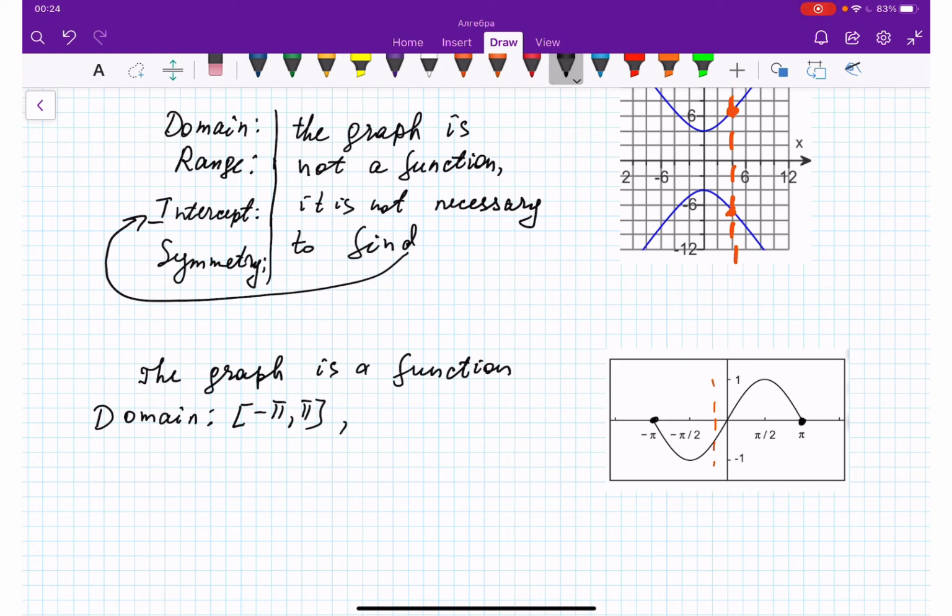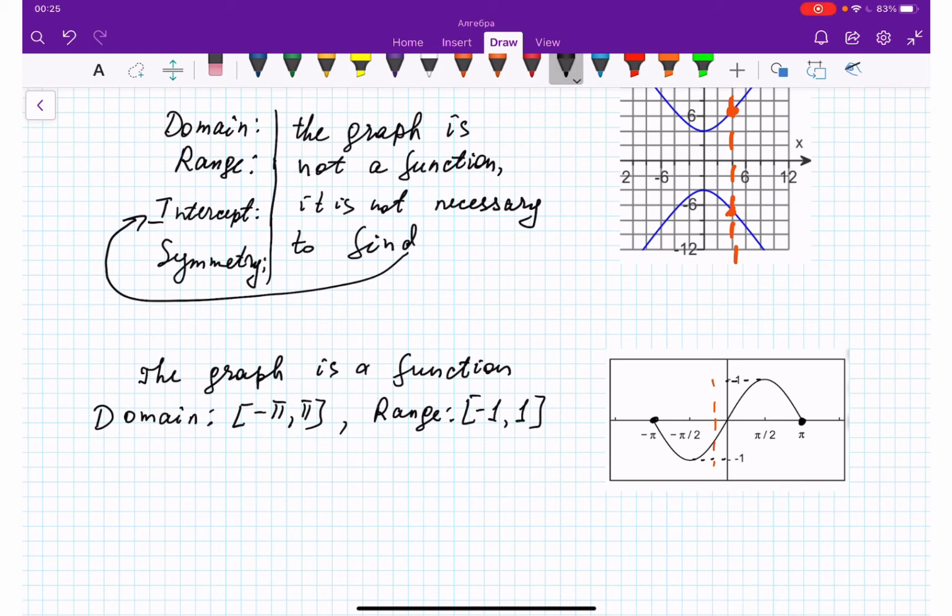How about range? Range is going to be from -1 because the lowest point of y is -1. The highest point of y is +1. So range is going to be -1, +1.